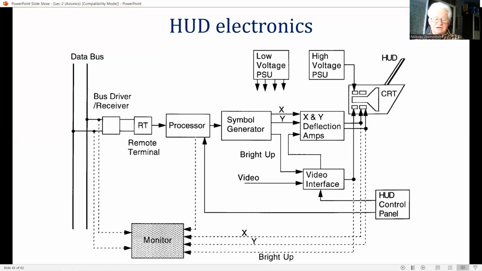The symbol generator carries out the display waveform generation task digitally to enable the appropriate display symbology, like lines, circles, and alphanumerics, to be stroke written on the HUD CRT.